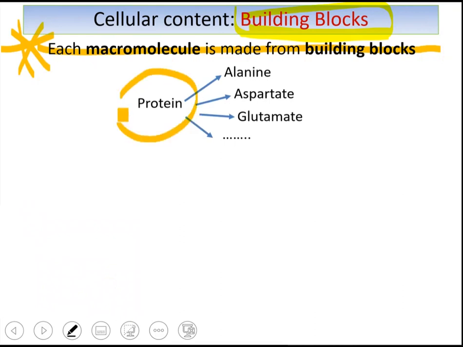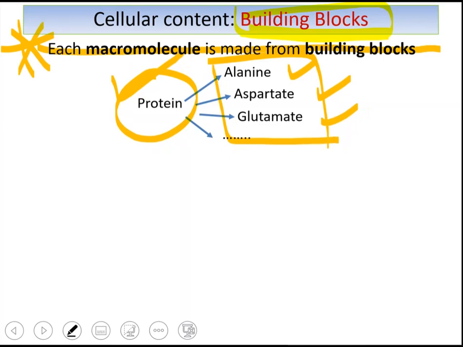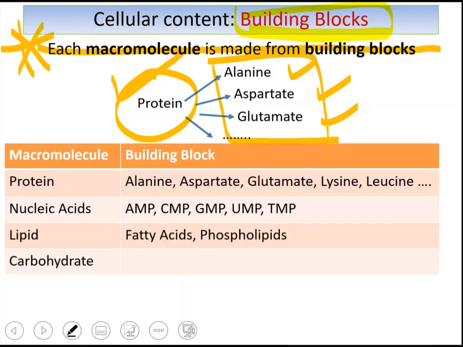A protein is actually an amino acid sequence, right? Amino acids are bound together to make proteins. So if you zoom into any protein, you will see amino acids. You will see alanine, aspartate, glutamate, leucine, etc., the other amino acids. So protein is a macromolecule, and amino acids are building blocks. So amino acids are building blocks for the protein macromolecule.